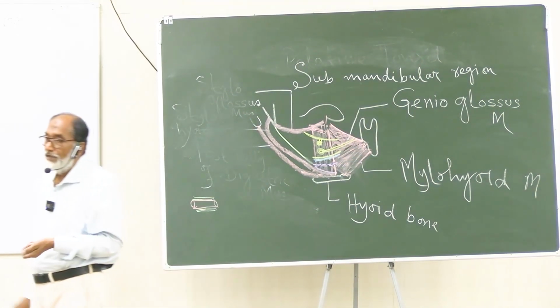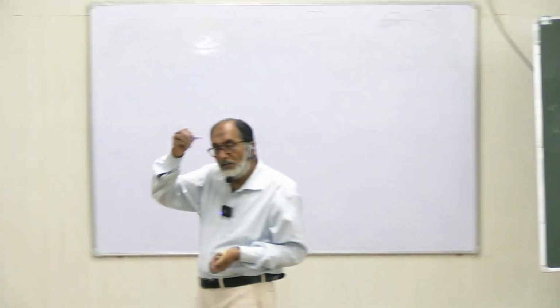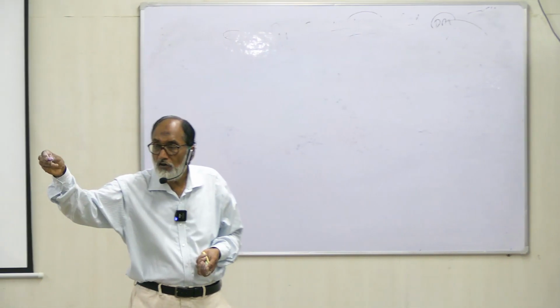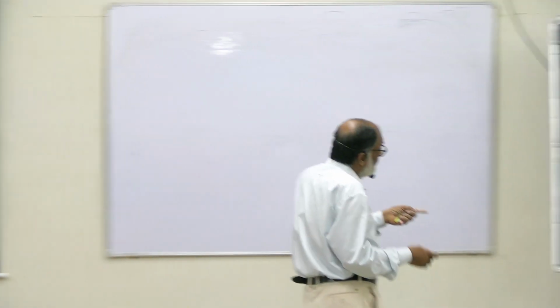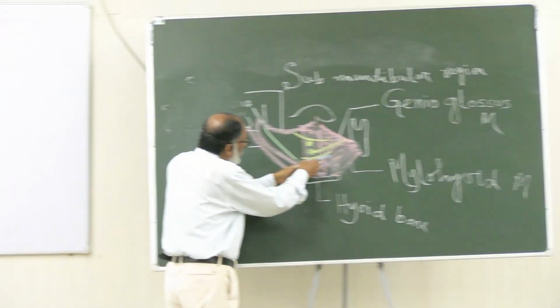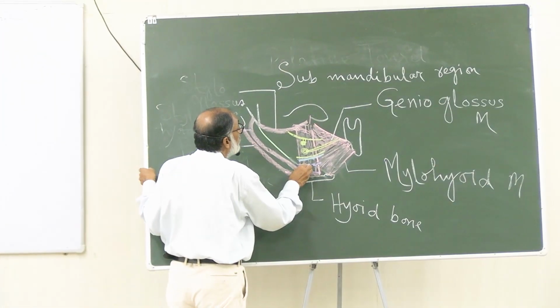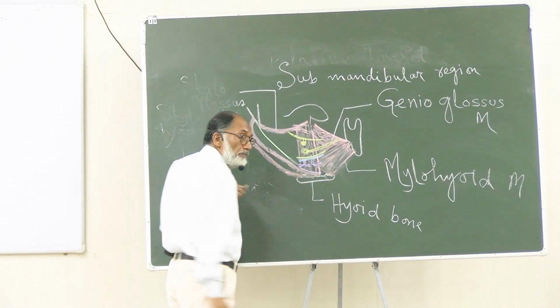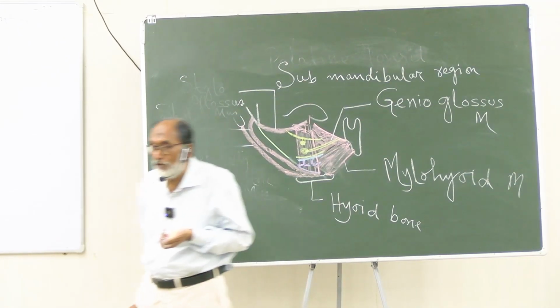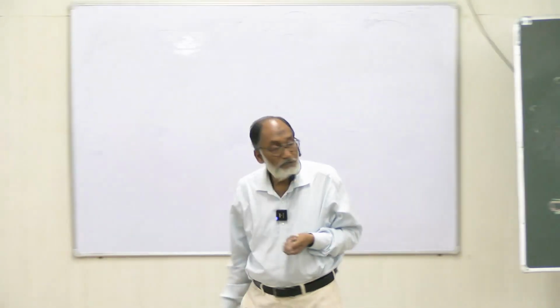Right? Now, the first part gives the suprahyoid branch, and from the part which lies deep to it the branch comes out that is called the dorsal lingual artery, right?